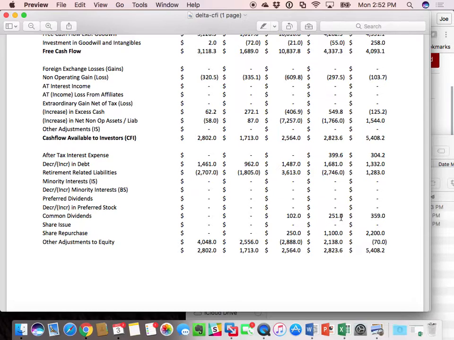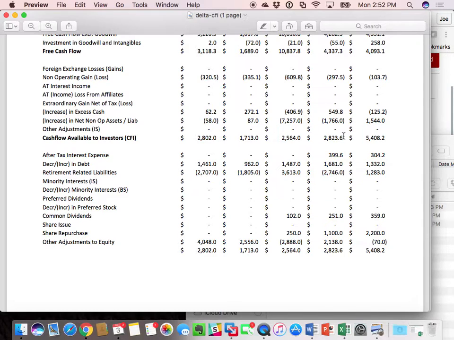Does everybody see what I'm saying? My question: what does that do to the CFI? If I move $1 billion of stock repurchase to $1 billion of dividend payment, how does that change the CFI? Does it have to do with the tax rates between dividends and capital gains?